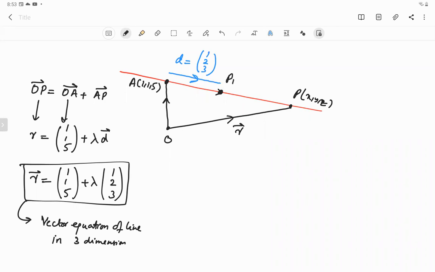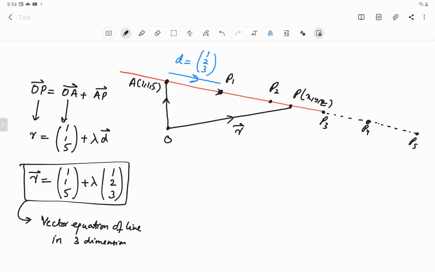I've shown it by P1. When lambda is 2, P is somewhere over here, which I have indicated by P2. When lambda is 3, P is at position P3. When lambda is 4, P is at P4, and when lambda is 5, P is at P5.